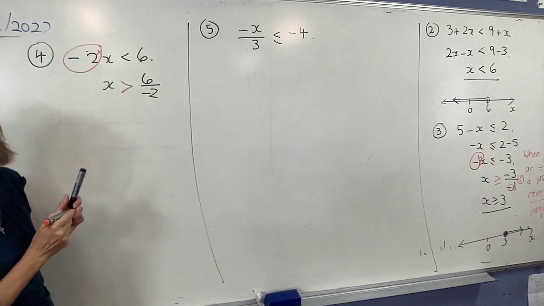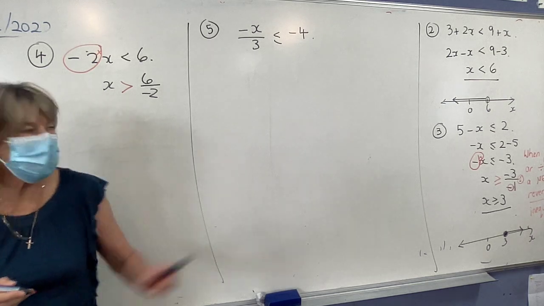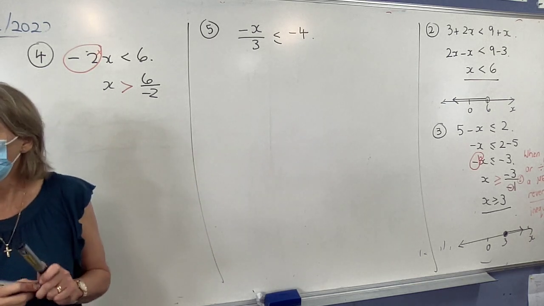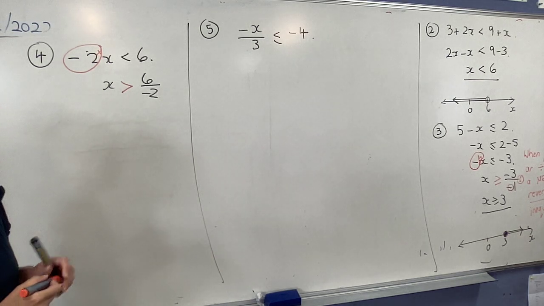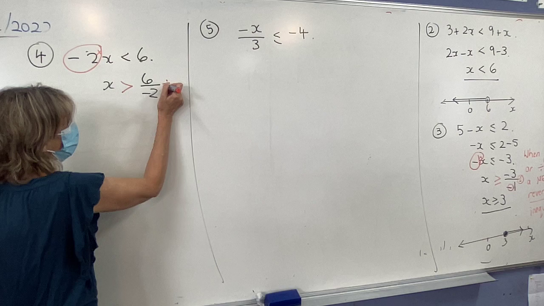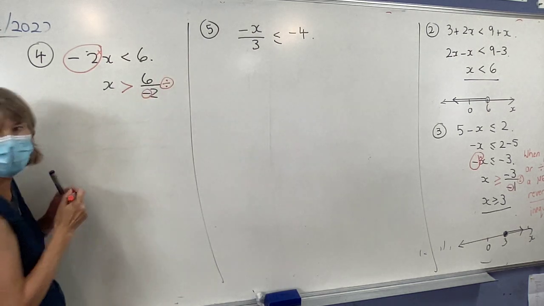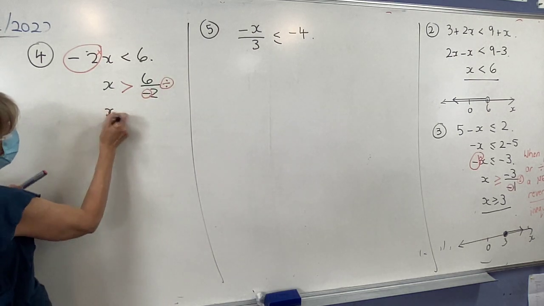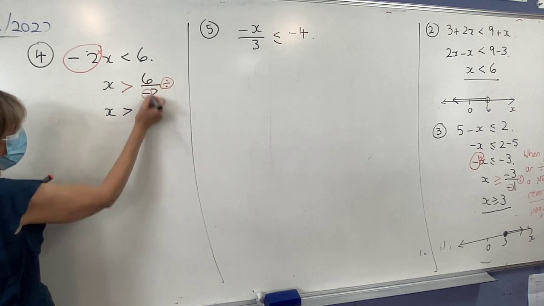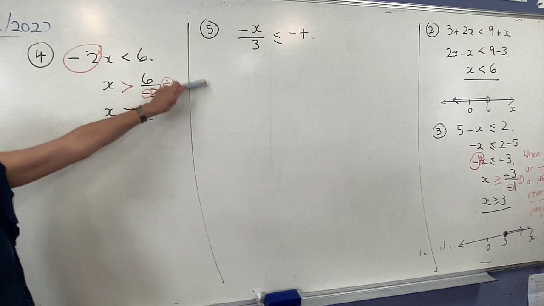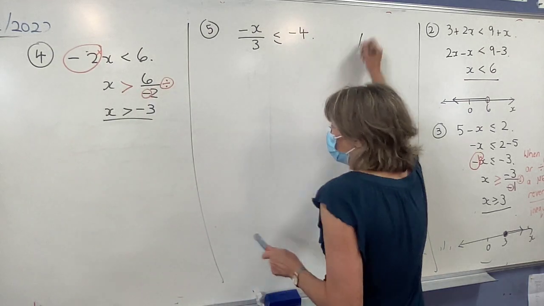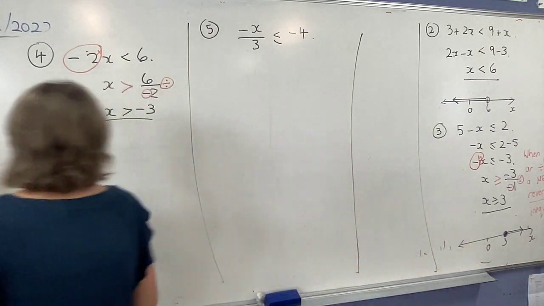Because there's a negative in it. Not because there's a negative in it, what's the rule say? When you times or divide. So what are you doing? Dividing. We're dividing by that negative, so we can use the rule. Alright, continue. X is greater than 3. No? Negative 3. Negative 3, and now you can all do the graph for that one, and then start number 5. Make sure you do this graph first.